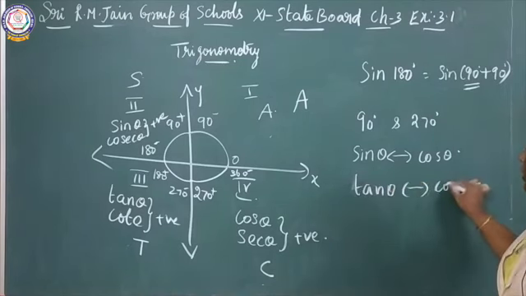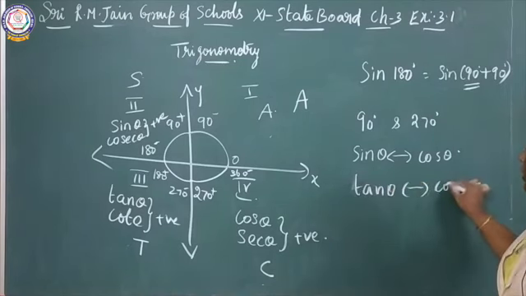But when you write the quadrant, you write the respective quadrant alone. You don't write third. For negative, you change to the clockwise direction. That's all. So it lies in the second quadrant.